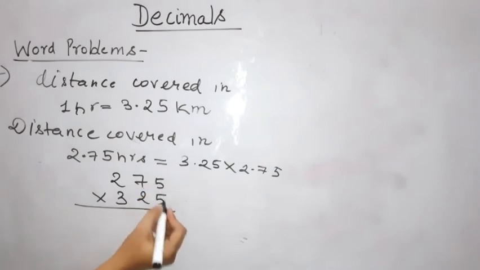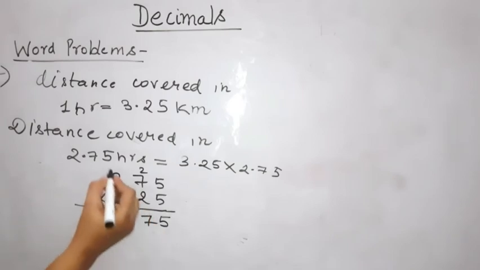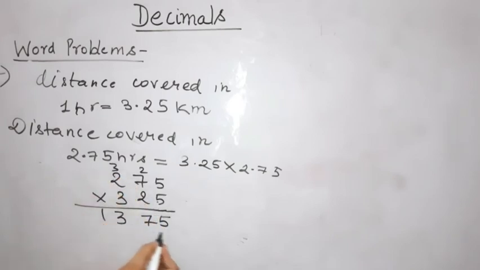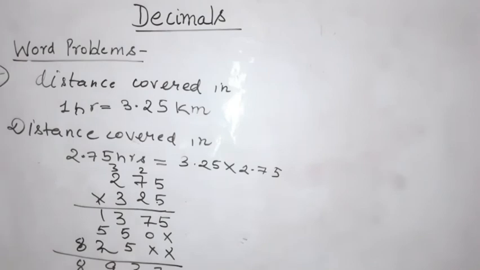So let's continue the standard process of multiplication. 5 5s are 25, 5 7s are 35, 3 carry, 5 2s are 10, 13, again 2 5s are 10, 2 7s are 14, 15, 2 2s are 4, 5, again 3 5s are 15, and then 3 7s are 21, it will be 22, 3 2s are 6, it will be 8, right? Adding the carry, it will be now 5, 7, 3, 9, 8. So now we have to count the total number of digits after the decimal point.